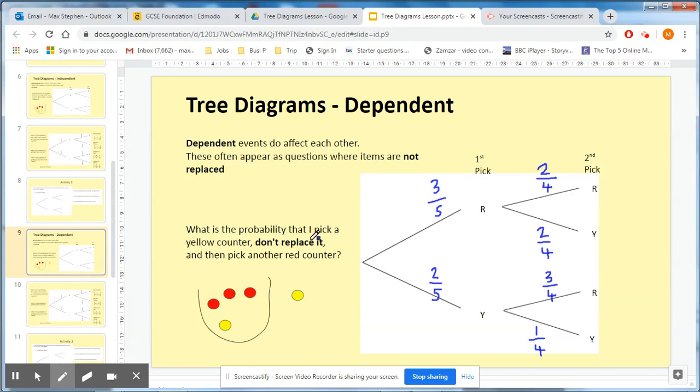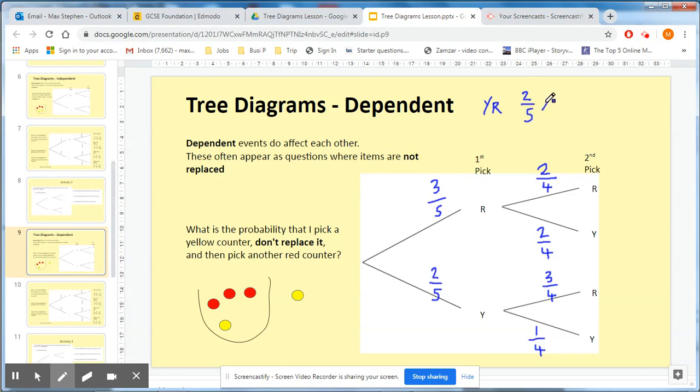What the question is actually asking me is, what's the probability that I pick a yellow counter, don't replace it, and then pick a red counter. So that'd be yellow and then red. So yellow, 2 out of 5, and then red, 3 out of 4. So that would be yellow, red, and that's going to be, my first one is 2 fifths, so it's this, and then that.